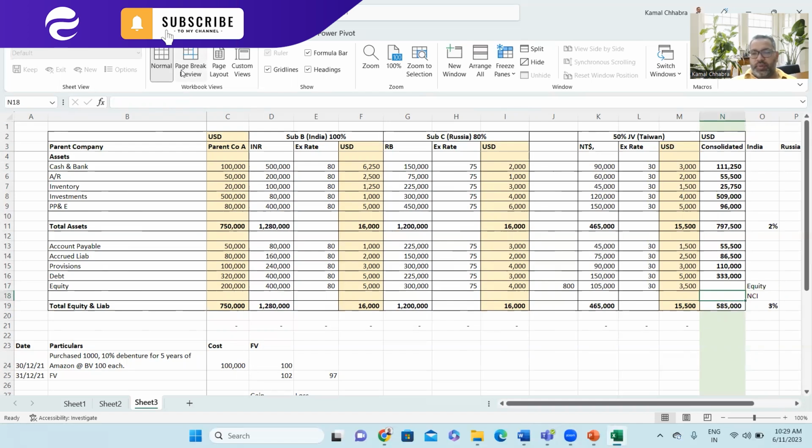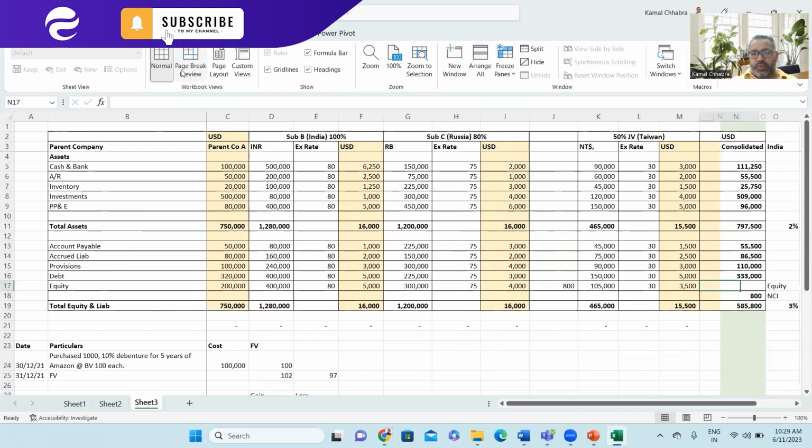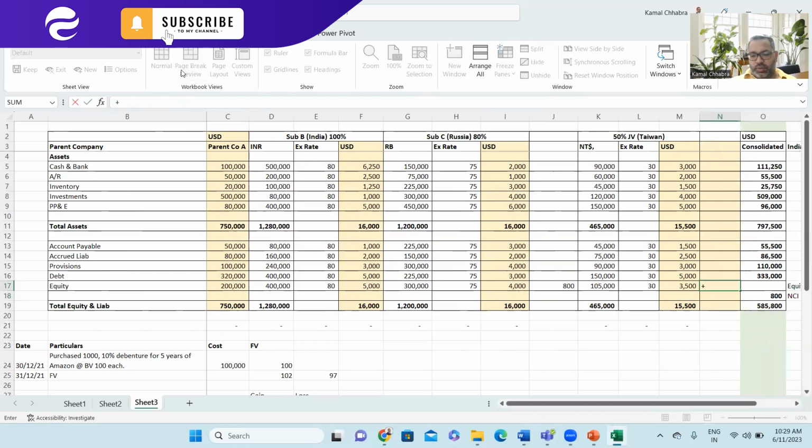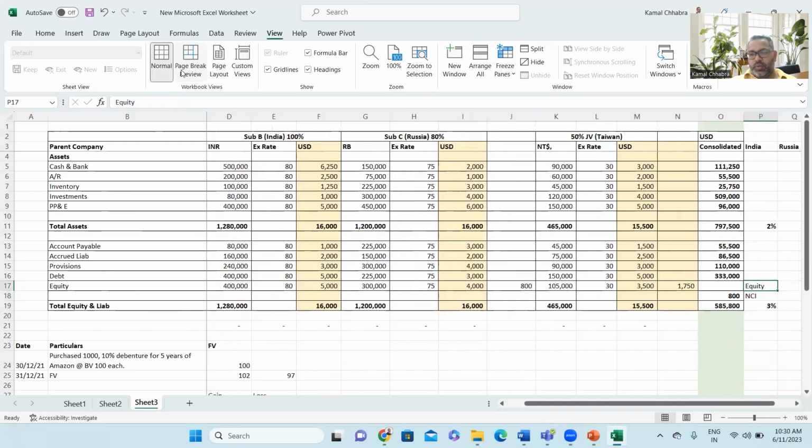So what is your non-controlling interest? First, you need to identify that. Your non-controlling interest is 800. And you also have 50% non-controlling interest here. So this is your total non-controlling interest. That means you are not the owner of this much amount, right?